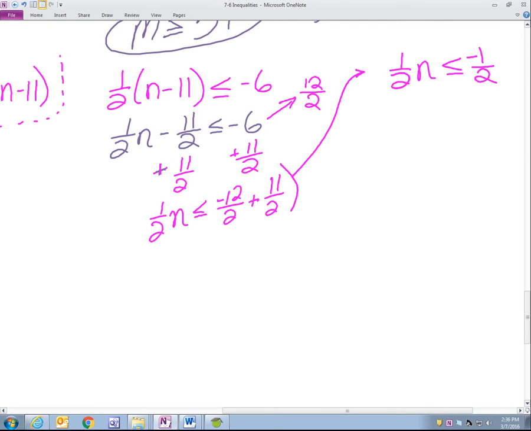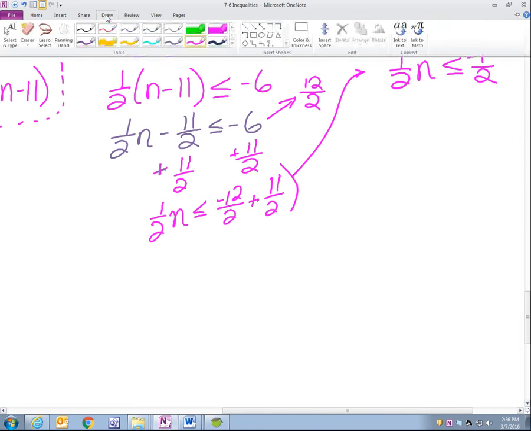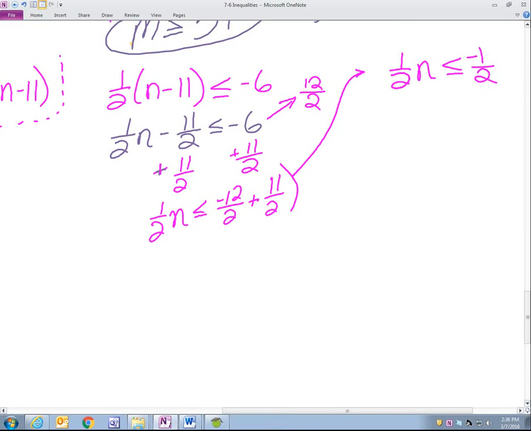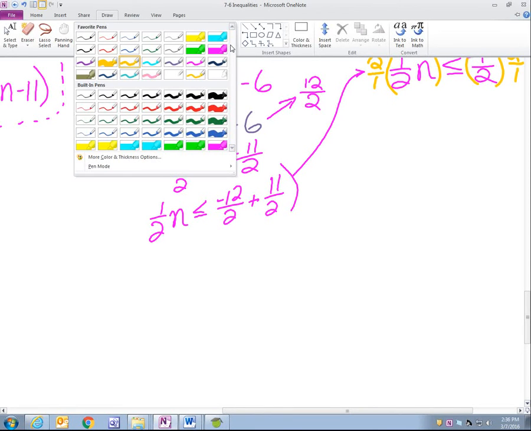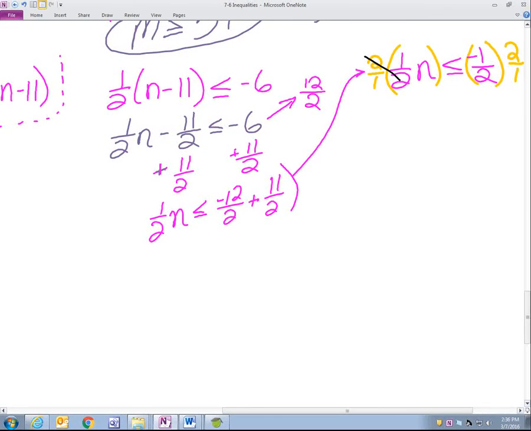So now what's happening to the variable? It is being multiplied by 1/2. So you have to do the inverse operation of that. So I'm going to multiply that by 2. I have to do it to both sides as well. These two cancel out.